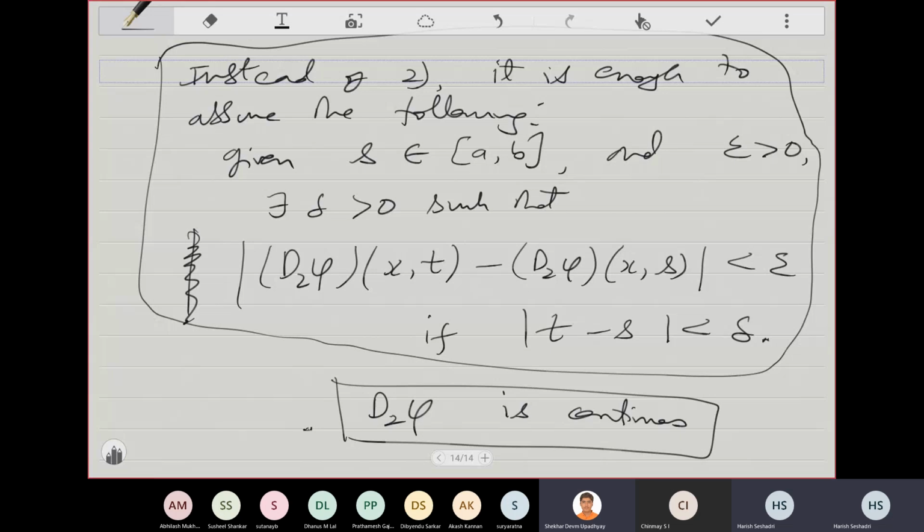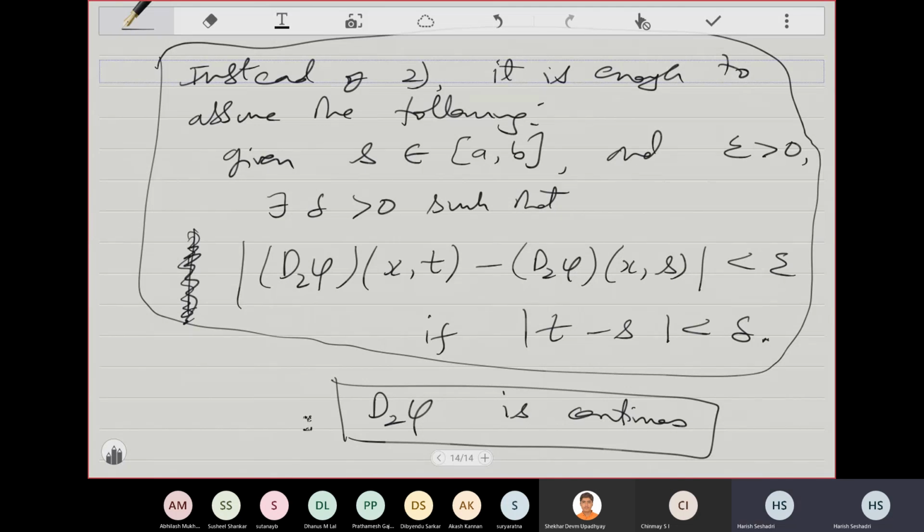Even for this bigger box, D2 phi is defined at all points, otherwise these expressions don't make sense. There is one obvious way that this is weaker than this, but there's one more subtle way also in which this is weaker.